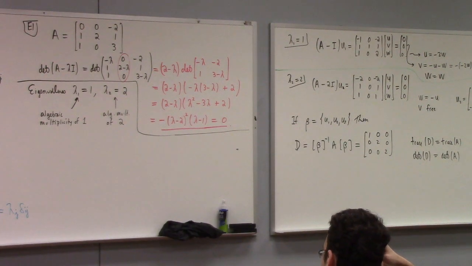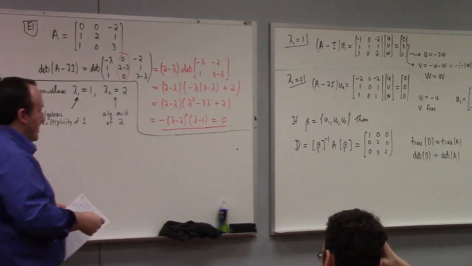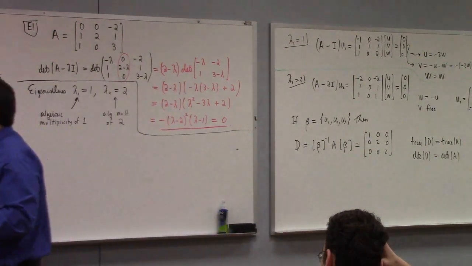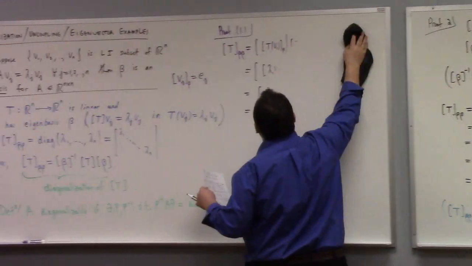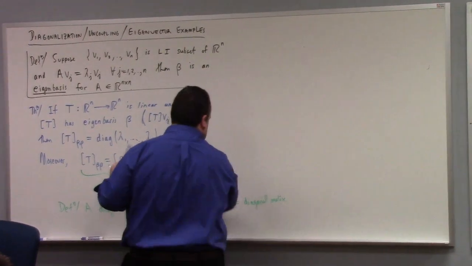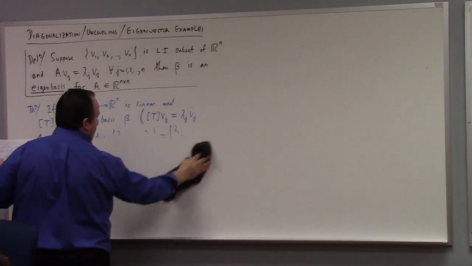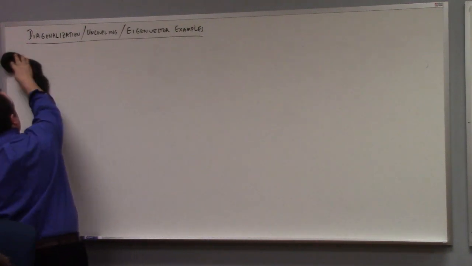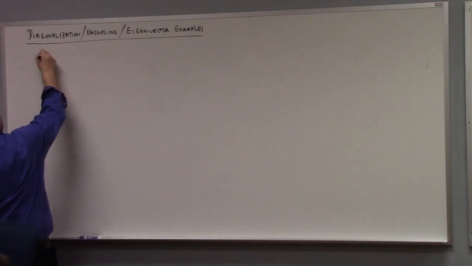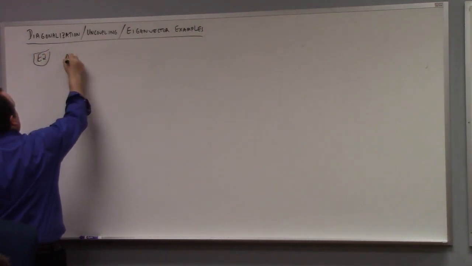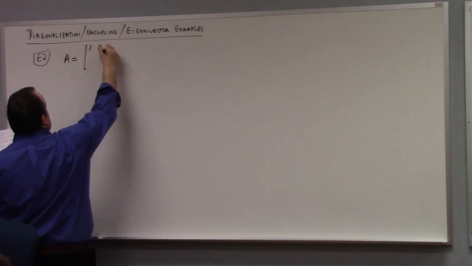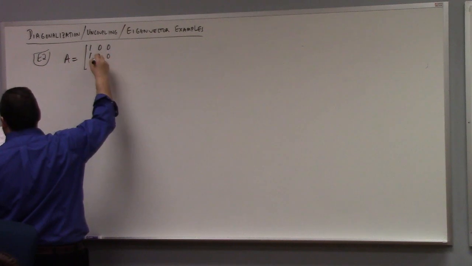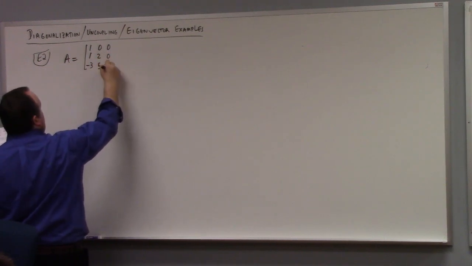So in my next example, example 2, we have A equals 1, 0, 0, 1, 2, 0, minus 3, 5, 2.